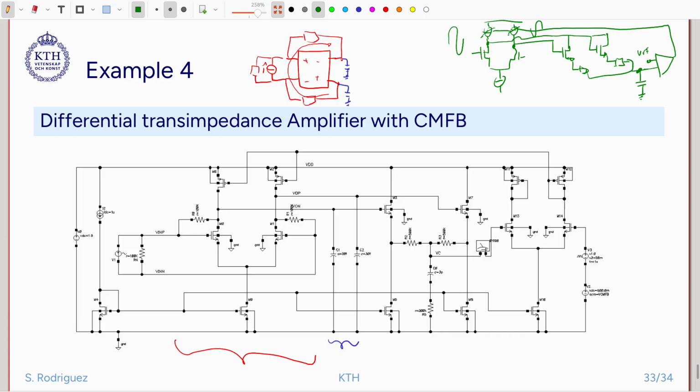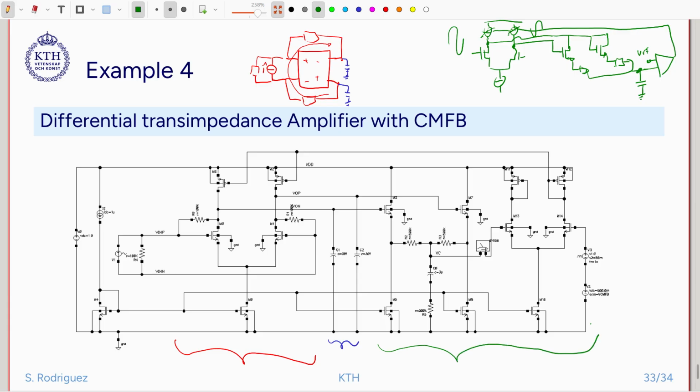Okay, so the implementation is here again. In this case, it is just the finalized circuit.